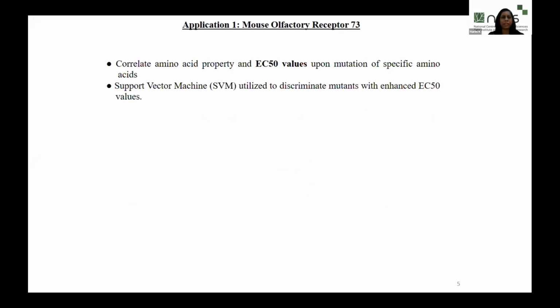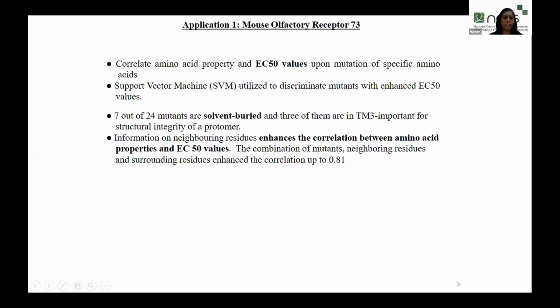With the 100 models that we generated, I'll just explain a few applications of what we did with those models. The first one was with the mouse olfactory receptor, where we worked with Professor Gromiha at IIT Chennai, who helped us to understand the correlation between amino acid property and the EC50 values of odorant binding to a receptor, and how this information of structure can help in validating these results.